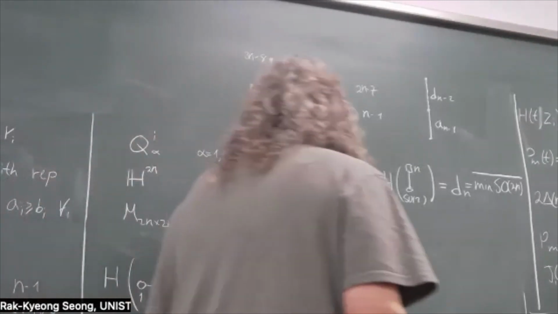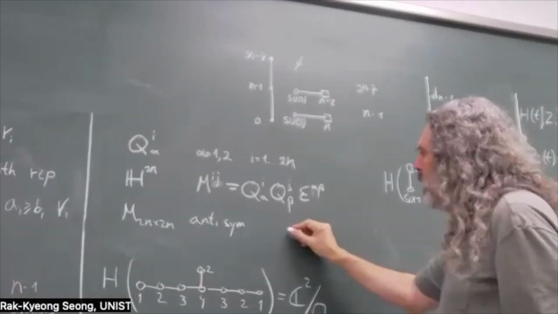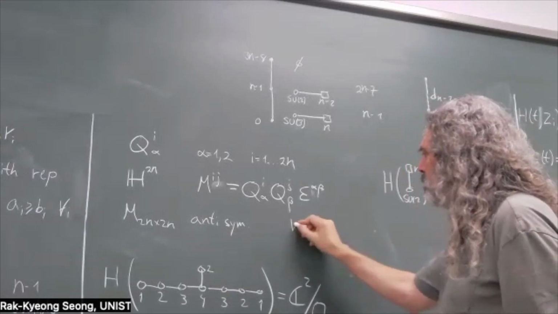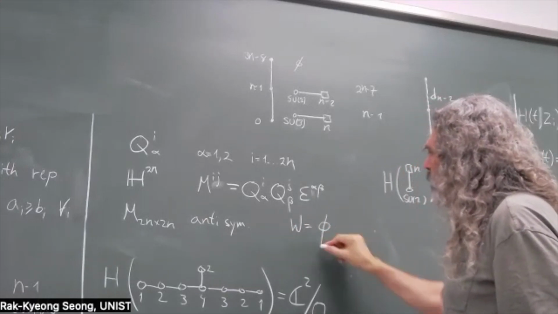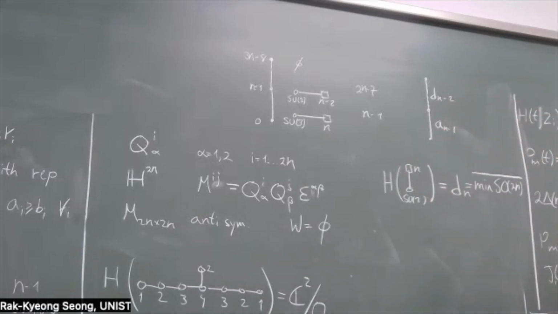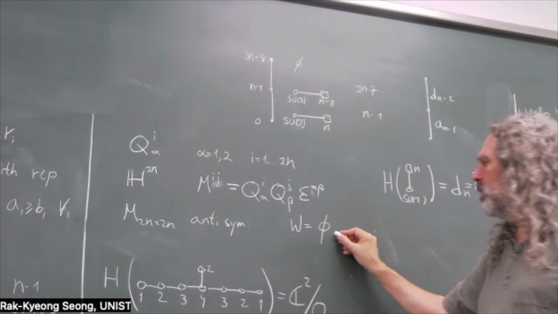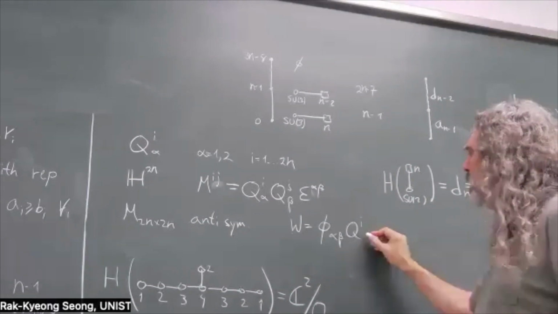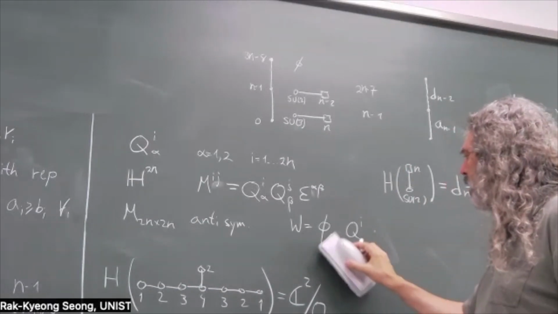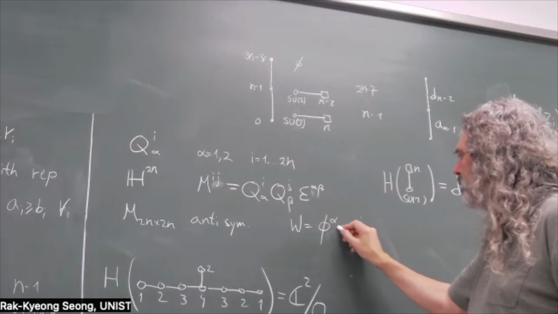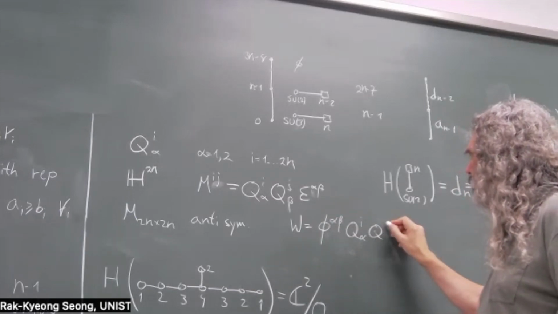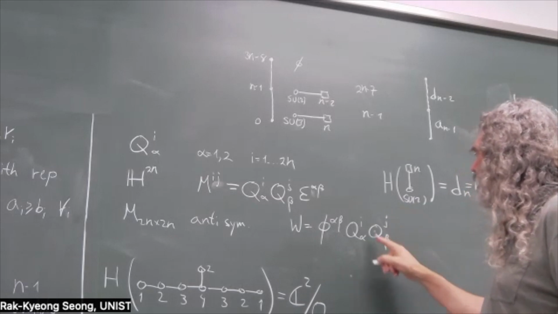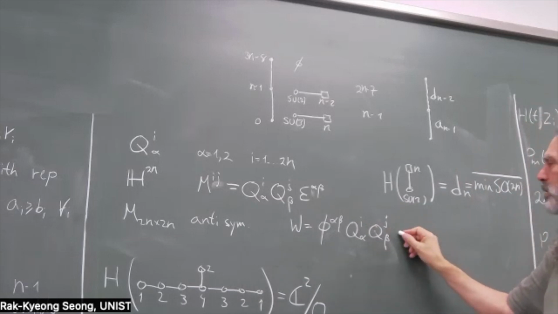And the rank of M, well, the superpotential is going to be written with an adjoint on the vector multiplet with labels alpha and beta, then Q_I^alpha, and let me put it up like that, Q_J^beta, and I need to contract the I and J indices, so I'll have delta_ij.